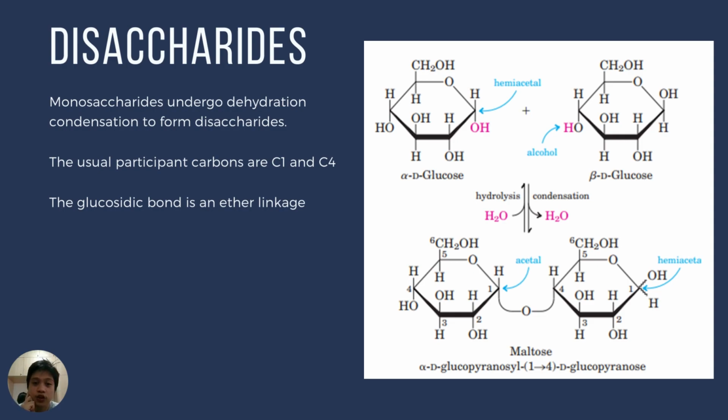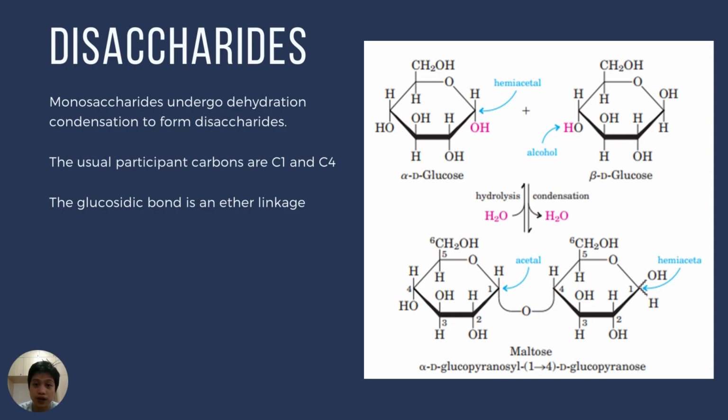Okay? So, you will understand here that it formed a hemiacetal already. That's why you have the ring structure. So, the hemiacetal of carbon number 1 combines with the alcohol of carbon number 4, and water is removed.